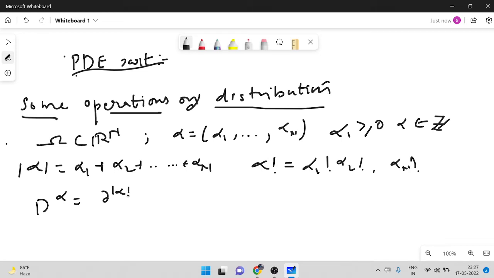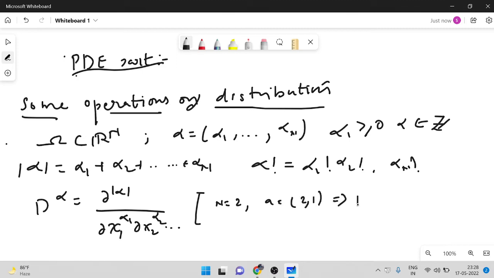So we have D alpha equals dou to the power mod alpha by dou x1 alpha 1, dou x2 alpha 2, and so on. This is the first time you might be waiting to see a partial derivative, and this is how it comes. What this basically means is that if n is 2 and alpha is (2, 1), D alpha is dou 3 by dou x1 squared dou x2.